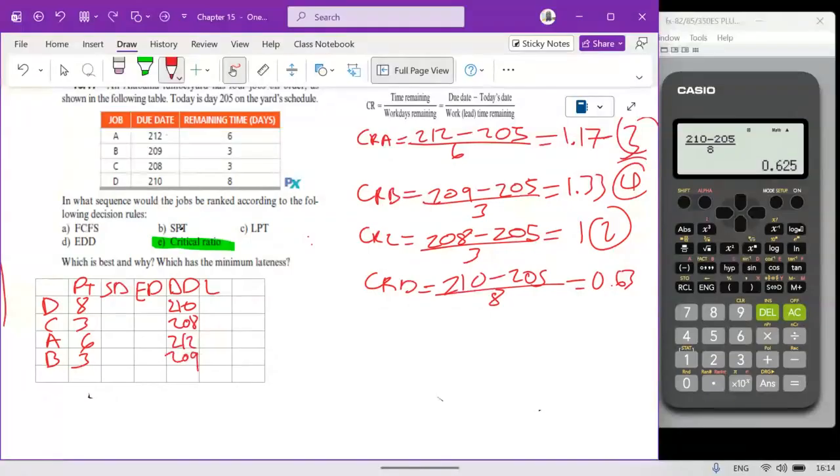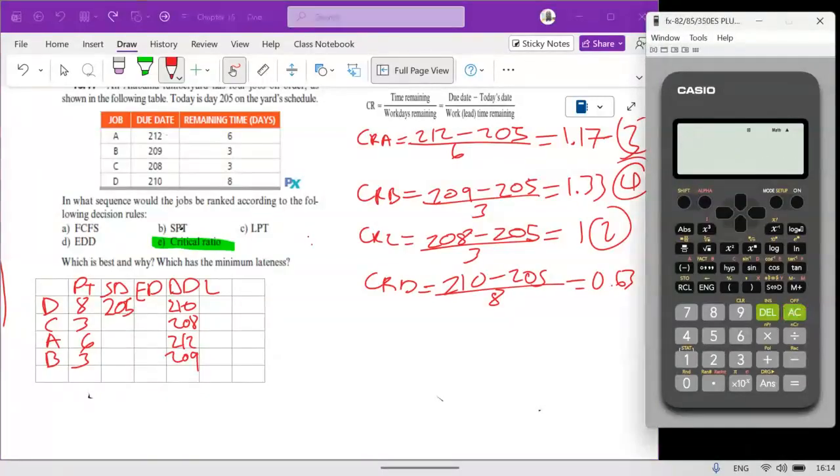My starting date is going to be that very same date, today's date of 205. Okay, so once you have that 205, then you have 205 plus 8.